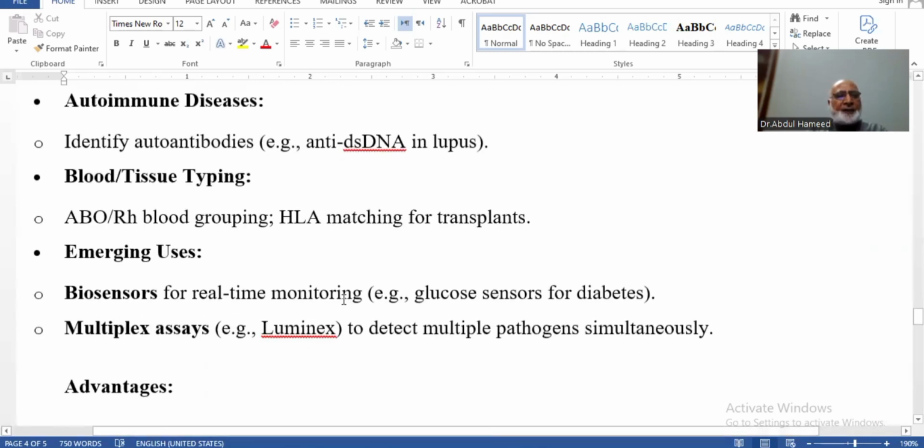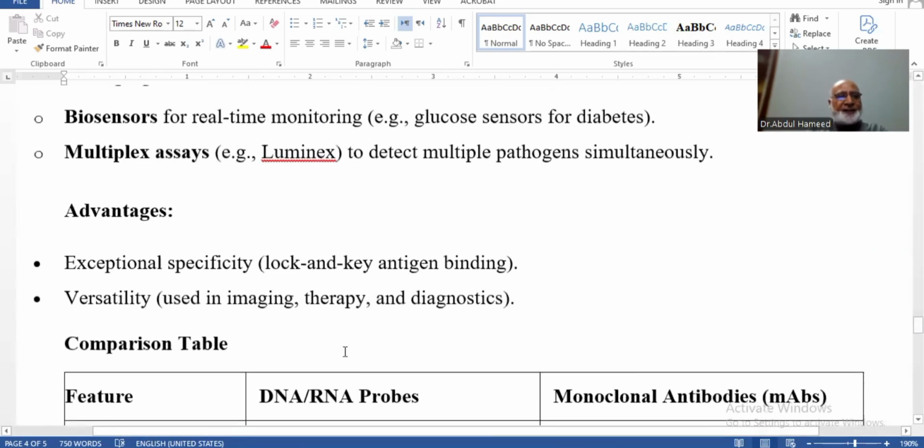And then the emerging uses of this method are biosensors for real-time monitoring, glucose sensors for diabetes, and multiplex assays to detect multiple pathogens simultaneously.